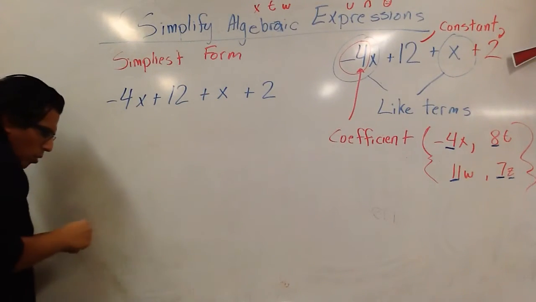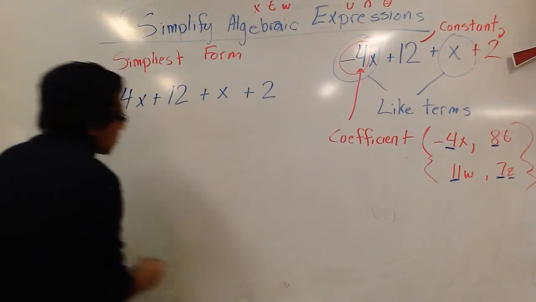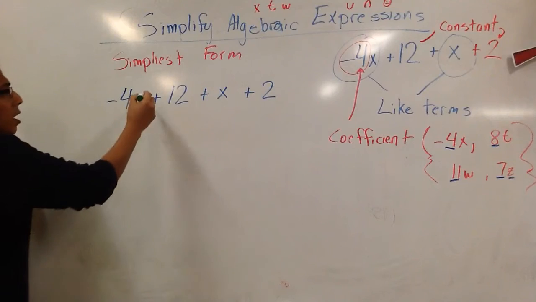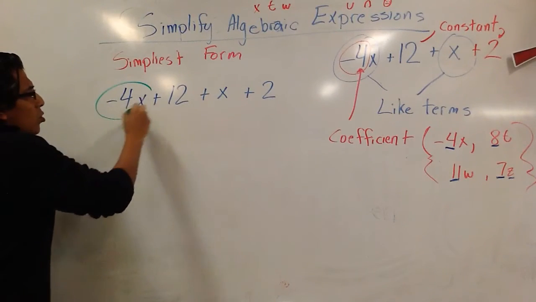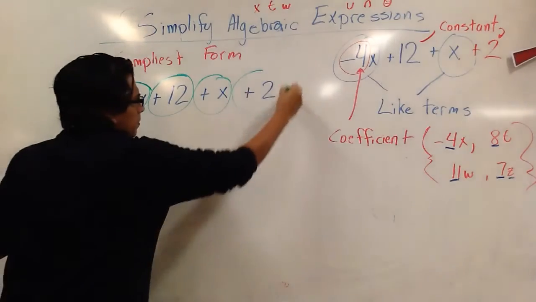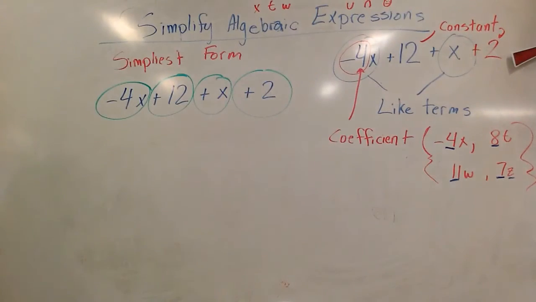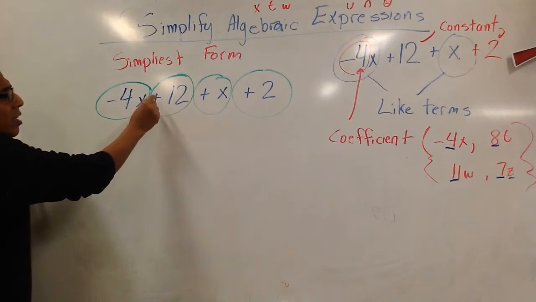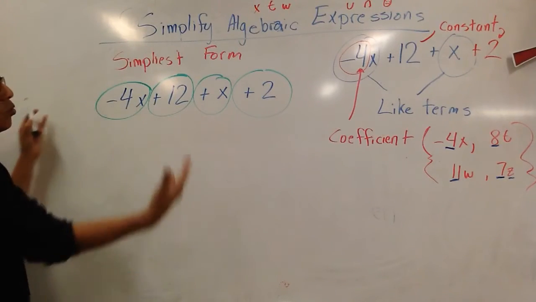And so what I'm going to ask you to do is this. Whenever you go to simplify like terms like this, you need to circle it with the operation. Okay? And you might be saying to yourself, why? The reason is that a lot of you guys are making mistakes when you go to combine these.